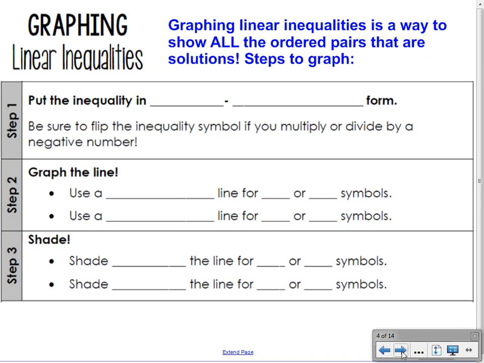Most of the time when we have a linear inequality, we're going to be actually graphing the linear inequality to find all of the ordered pairs that are solutions, and we have some steps below. So step 1 is we're going to put the inequality that we have into slope-intercept form. So that should sound familiar because that's our y equals mx plus b.